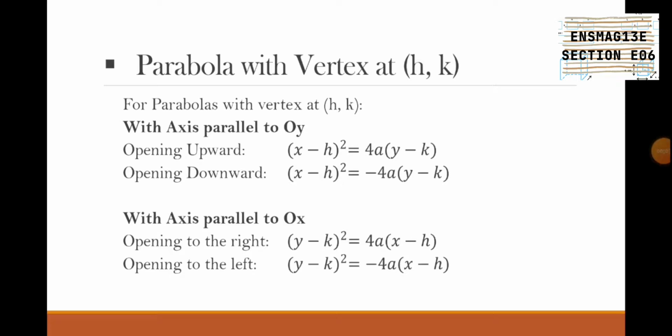The same is true with our parabola opening to the right and to the left. If the location of our focus is in positive coordinates, the value of our 4a is also positive. If your focus is located in the negative plane, the value of our 4a is also negative.